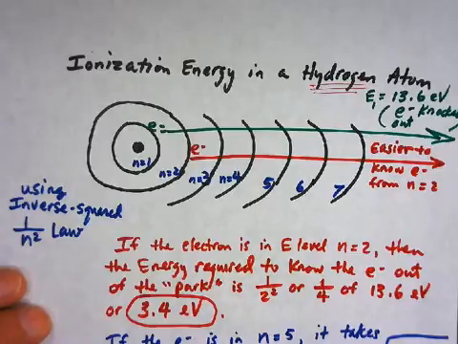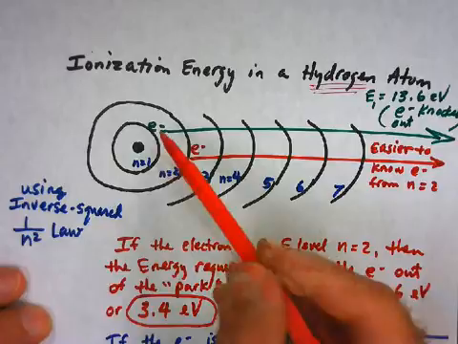Ionization simply means that an atom becomes an ion. So it's going from its neutral state where there's zero charge, one proton and one electron adds up to zero for the net charge. Once it loses an electron, though, that hydrogen atom is going to have a charge of +1. It has become an ion.